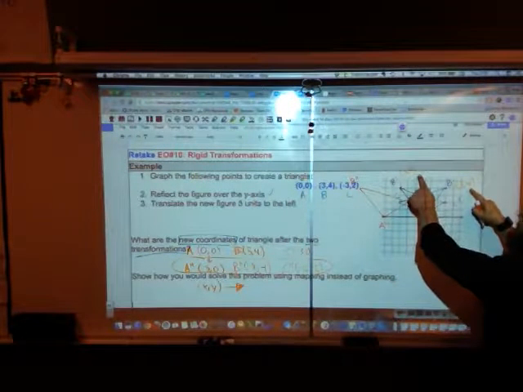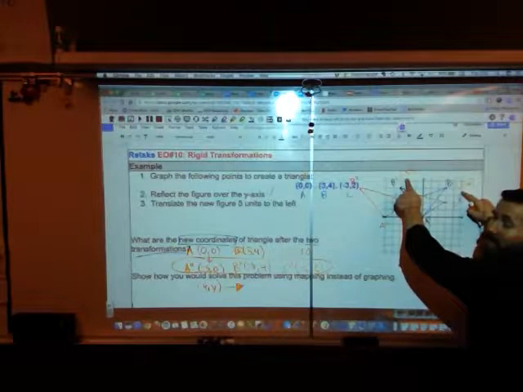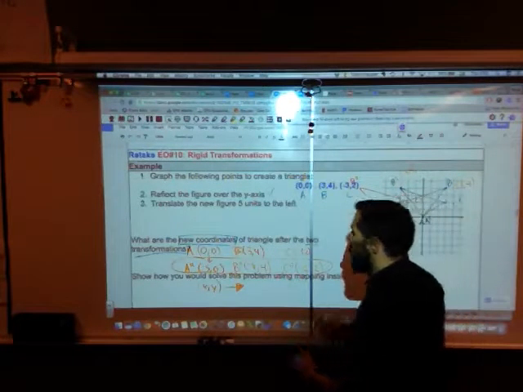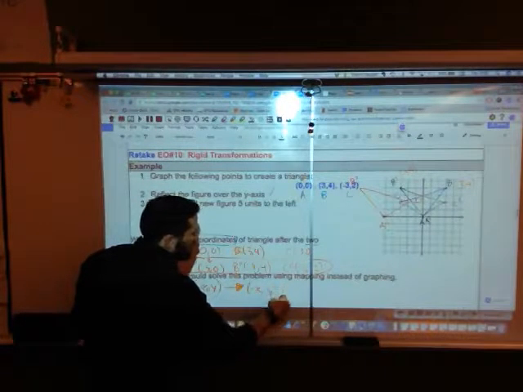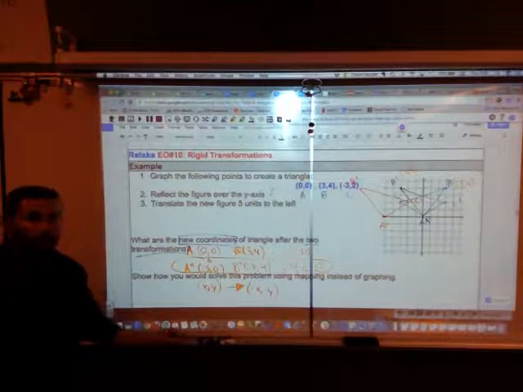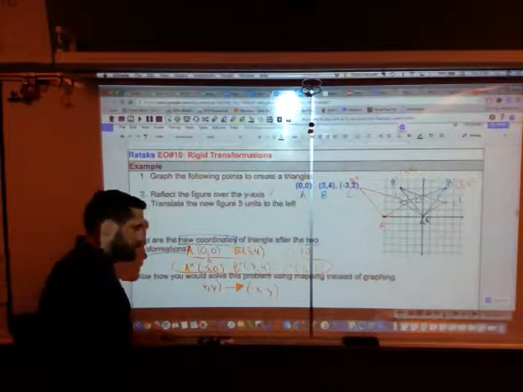If you notice, the y value stayed the same, but I got a sign change for the x values. So to map it, I would just say -x, y. That would be the map of that.